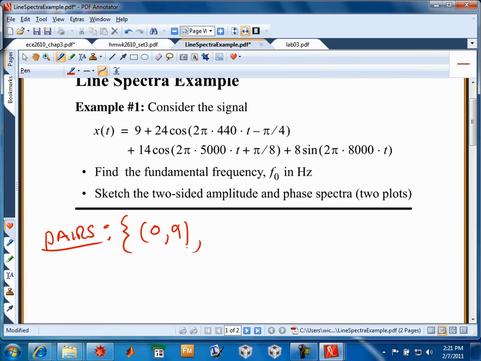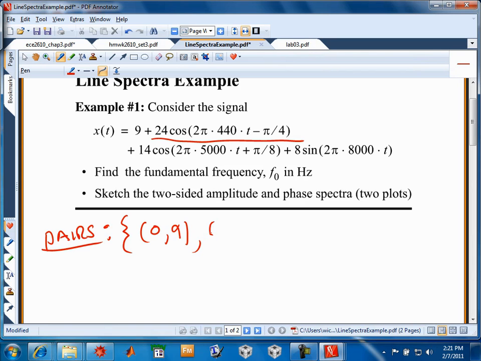Then the next one in our collection should be corresponding to this term right here. And we know from inverse Euler's identity that's going to break into two terms, right? Two pairs. So what's the frequency that we're at? 440 hertz. Does everybody agree with that? Okay.